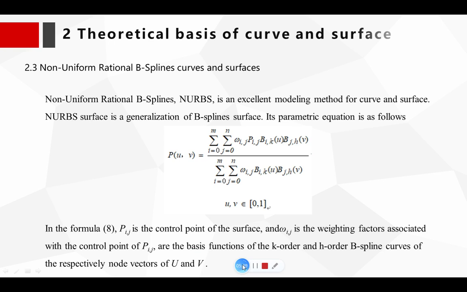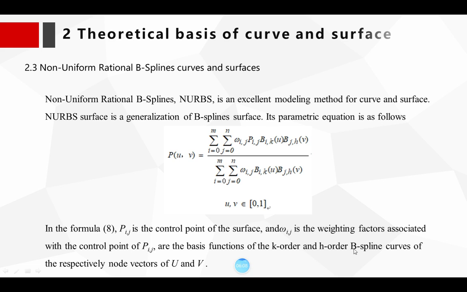The third method is non-uniform rational B-spline curves and surfaces. Non-uniform rational B-splines, or NURBS, is an excellent modeling method for curves and surfaces. A NURBS surface is a generalization of the B-spline surface.